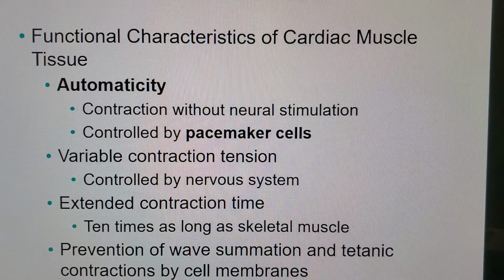Important to know, there is an extended contraction time with cardiac muscle cells. They're going to contract 10 times longer than skeletal muscle. So that extra long contraction time then in between those is an extra long refractory period.